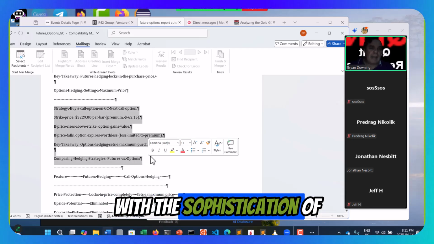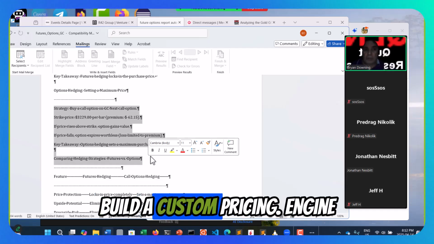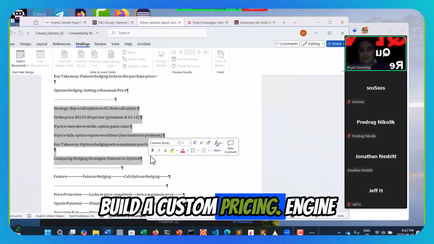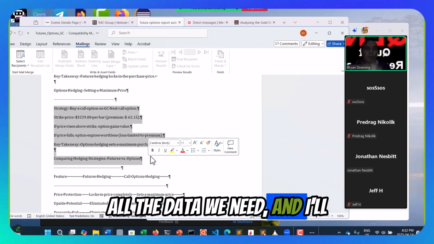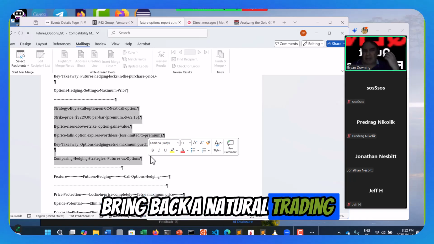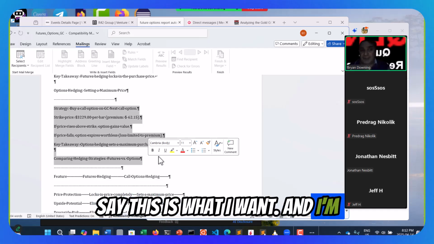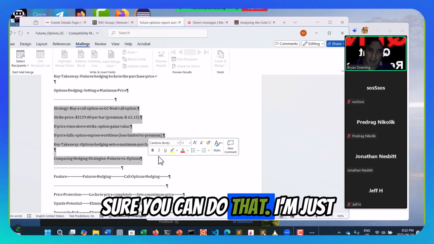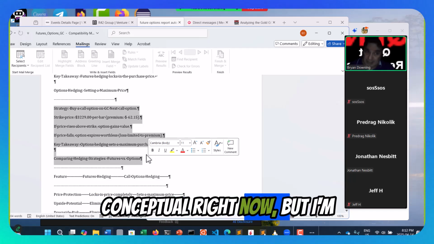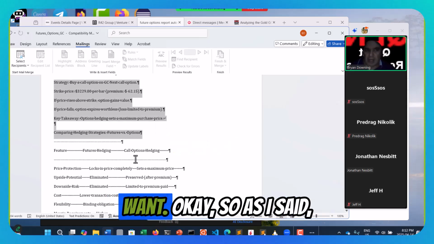With the sophistication of where AI is at, we are now at that moment where you can build a custom pricing engine for the specific strategy with all the data we need, and I'll bring back actual trading logic of code to say, this is what I want, and I'm going to build a custom strategy using AI. I'm pretty sure you can do that. It's just conceptual right now, but I'm pretty sure you could do that once you figure out the strategy of the different combination of trades you want.